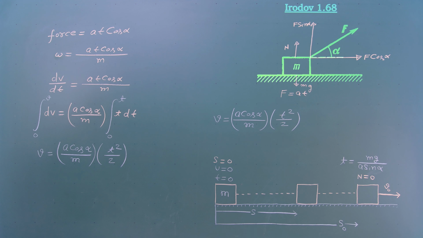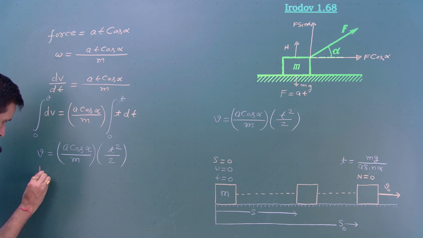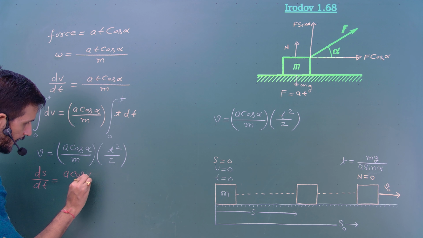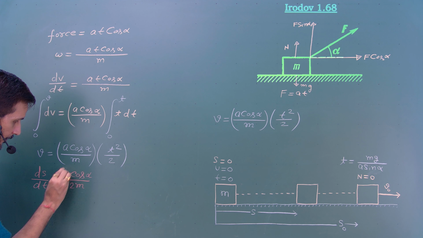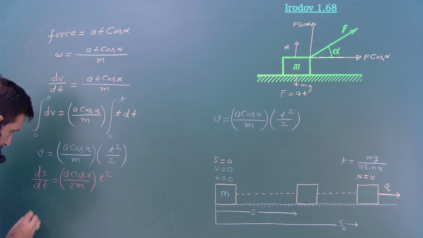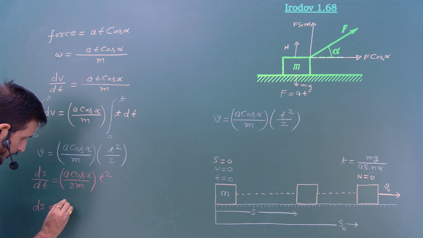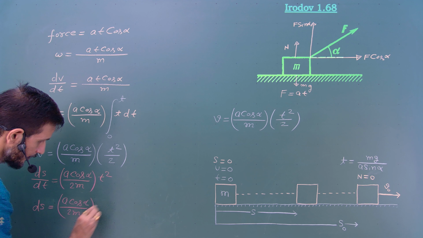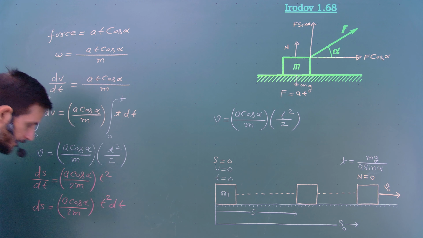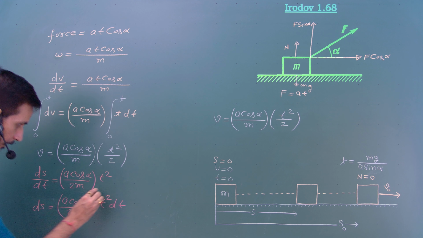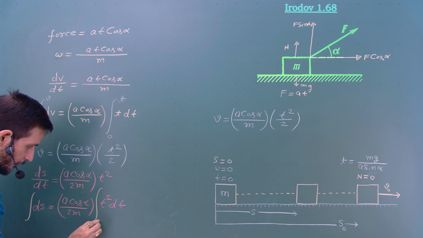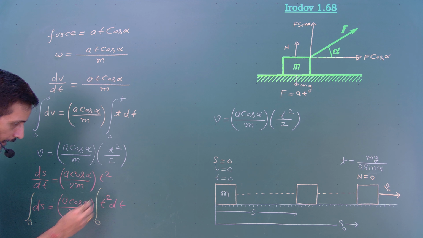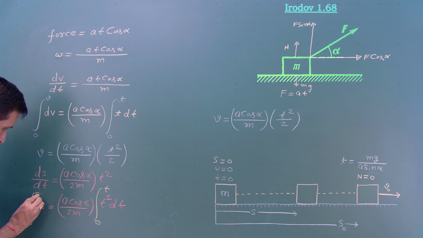Now, if we further write this equation as ds by dt equal to A cos alpha divided by 2m into time t square, then ds equal to A cos alpha divided by 2m into t square dt. Integrate. So at t equal to 0, particle starts from 0 and at any random time t, let the displacement be s.